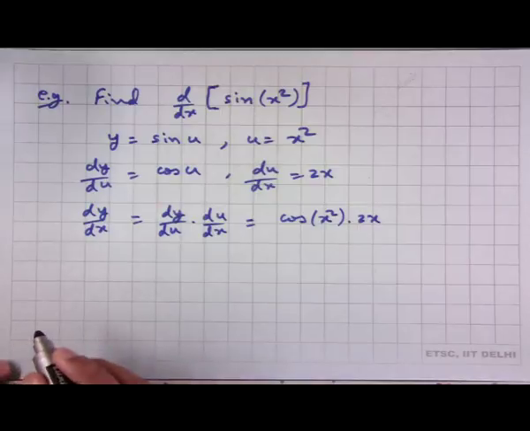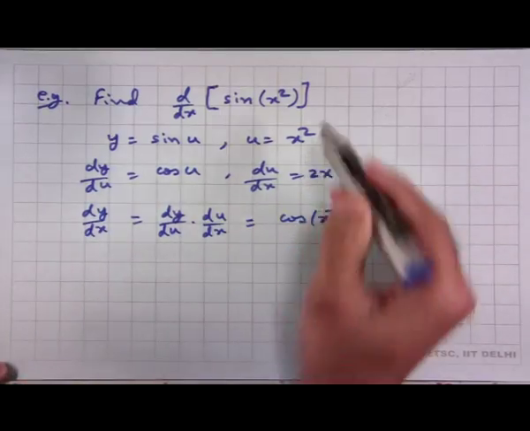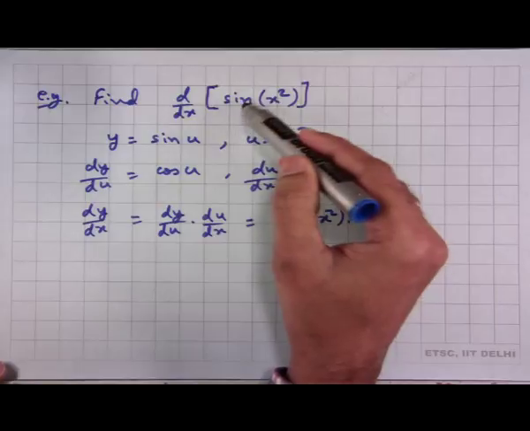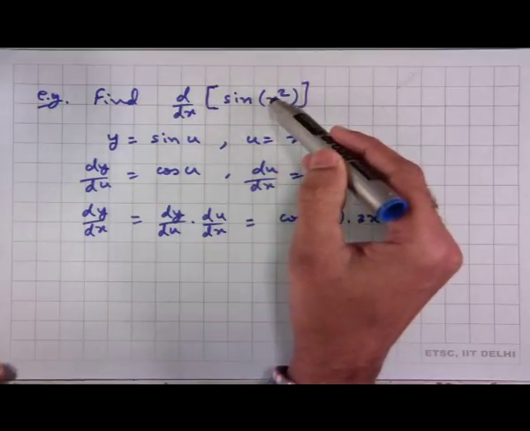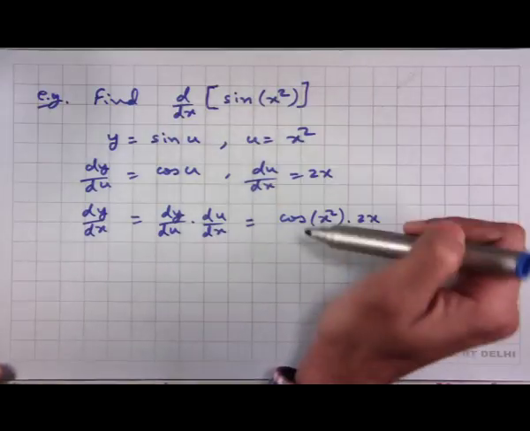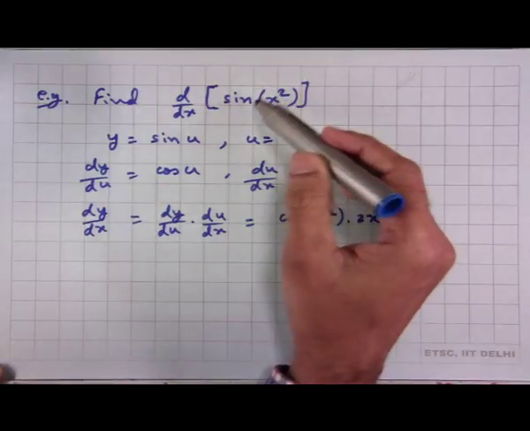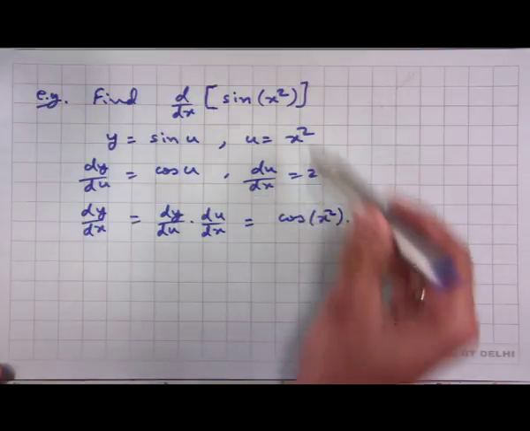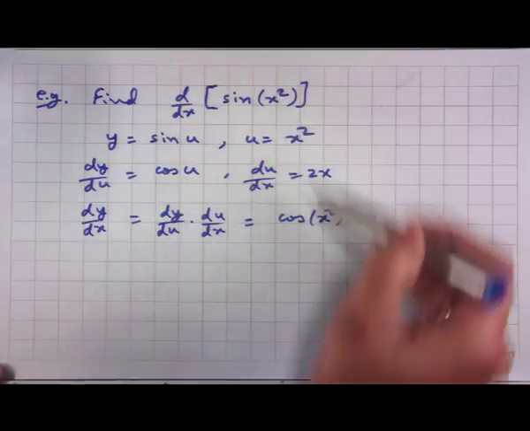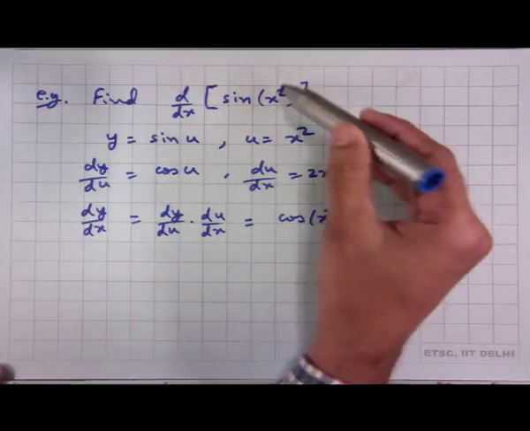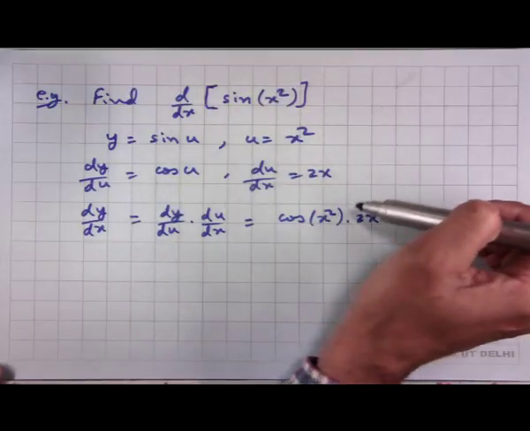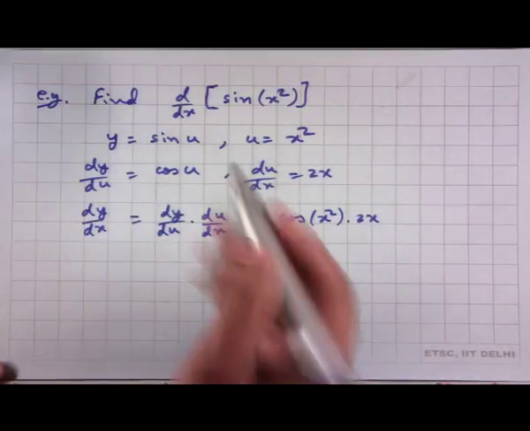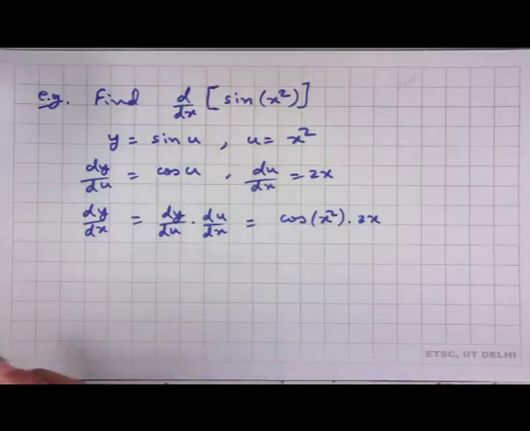What this chain rule does is that you have sine of something, you know the derivative of sine is cosine. So, you find the derivative of the outer function first and then evaluate it at the inner function, and then you find the derivative of the inner function. So, after some practice you will be able to write this directly.